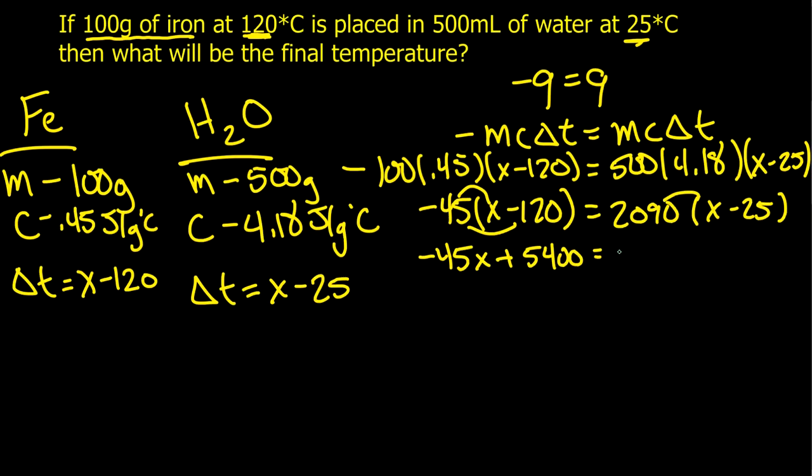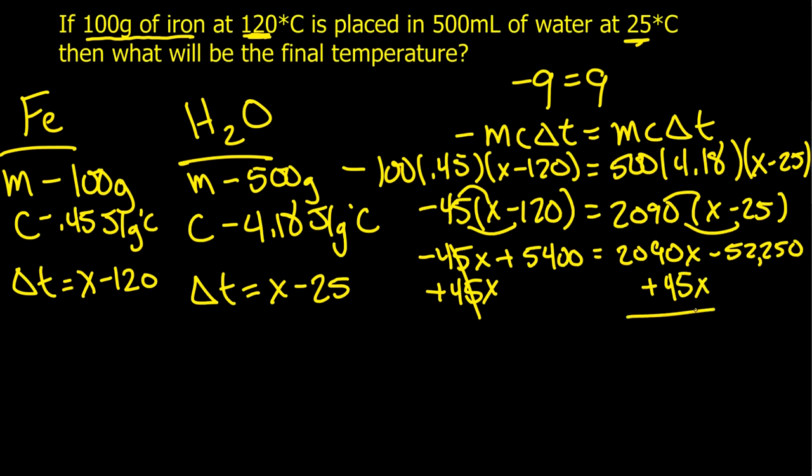2090 times X is 2090X, and 2090 times negative 25 is negative 52,250. Alright, when we get to this part, we add like terms. So plus 45X cancels that out. Plus 45X.